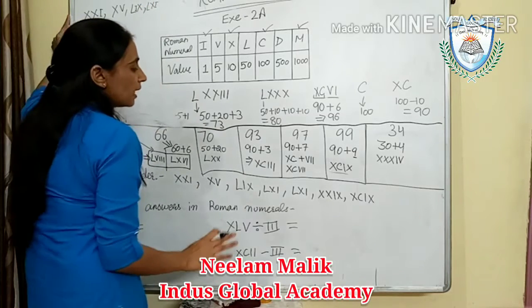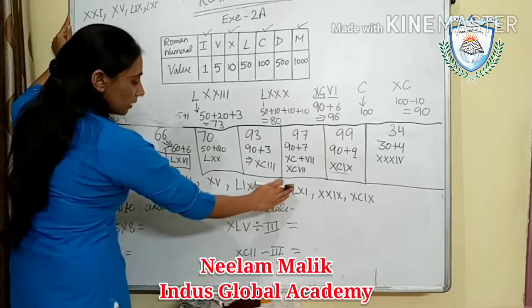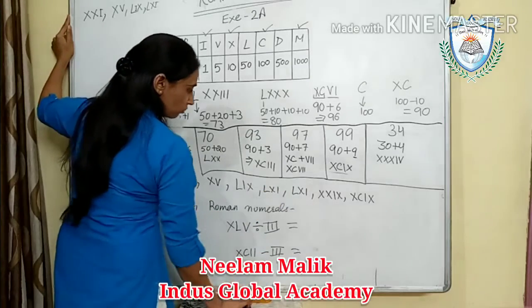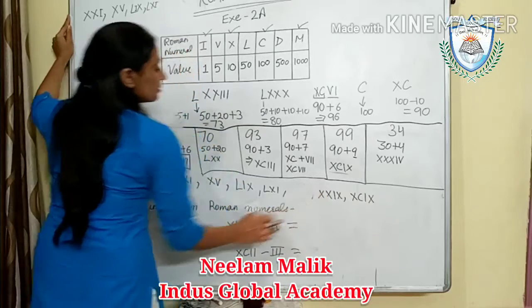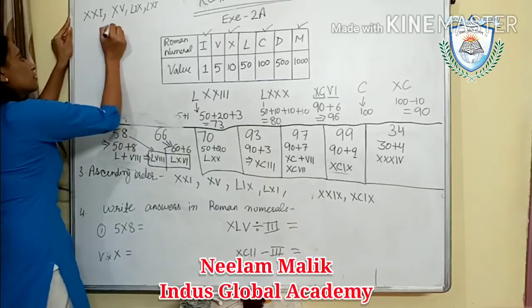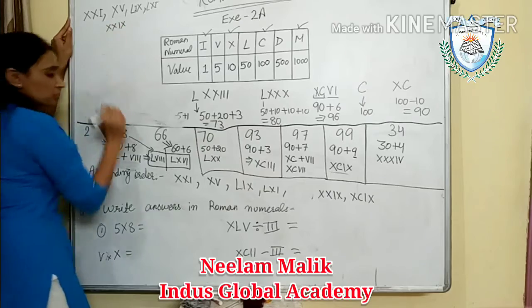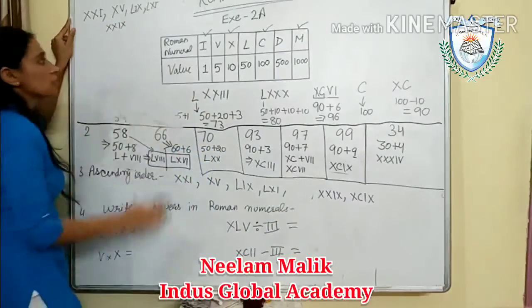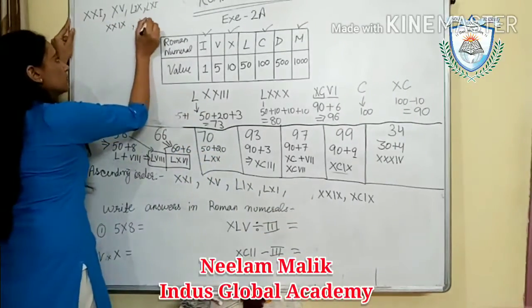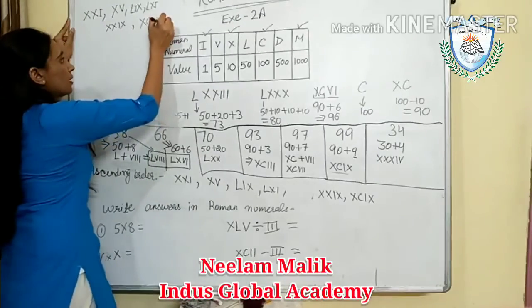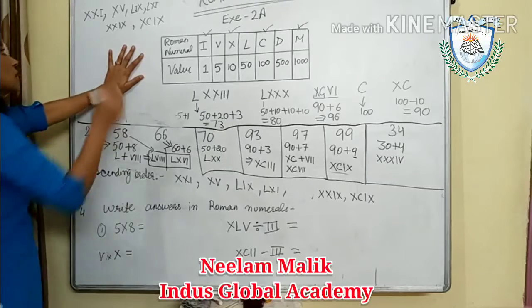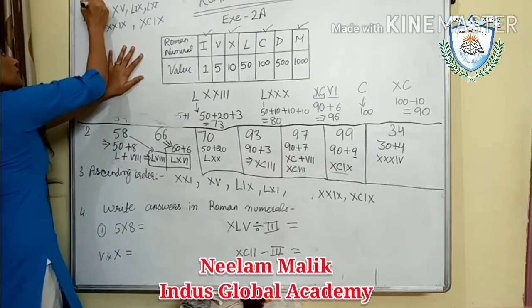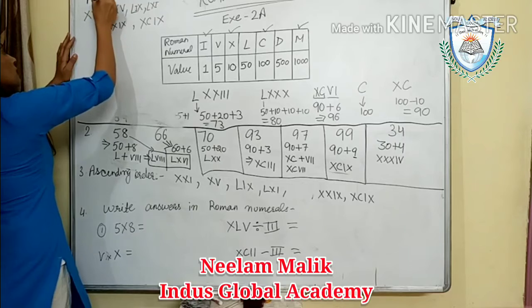Next is XXIX. Next is XC. These values are given. We have to arrange these into ascending order.